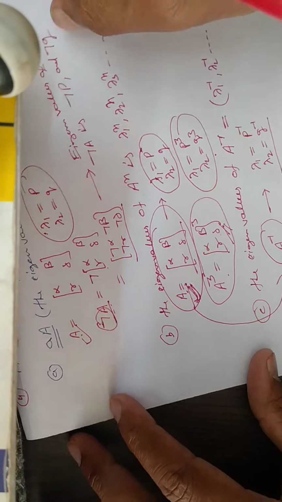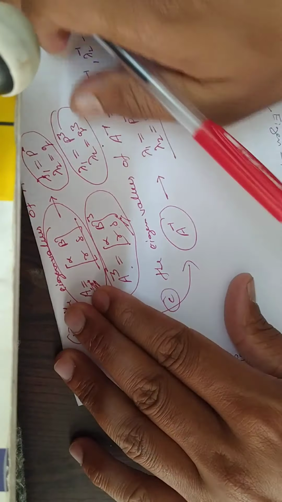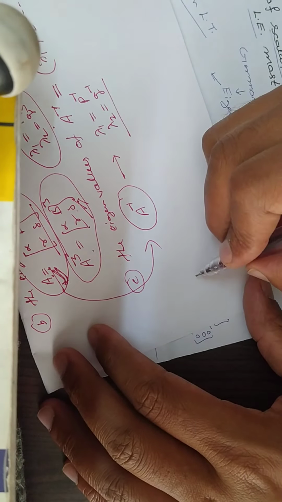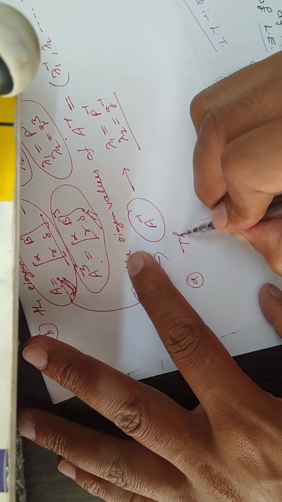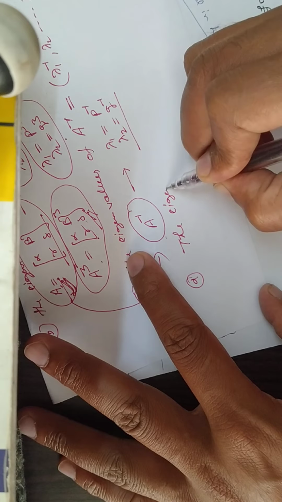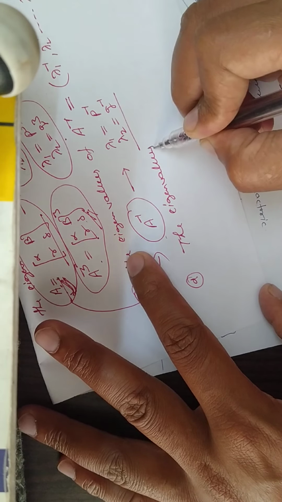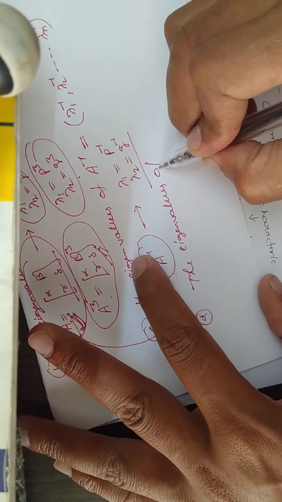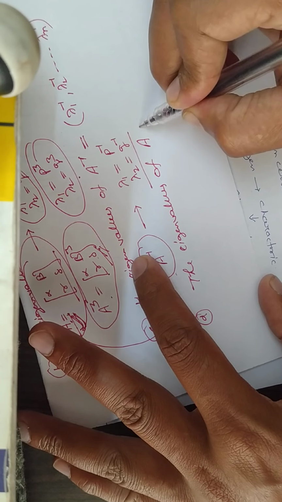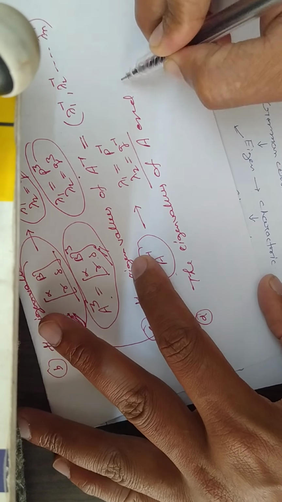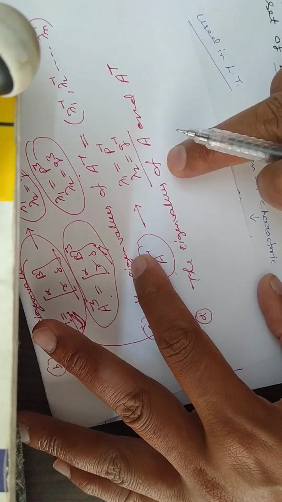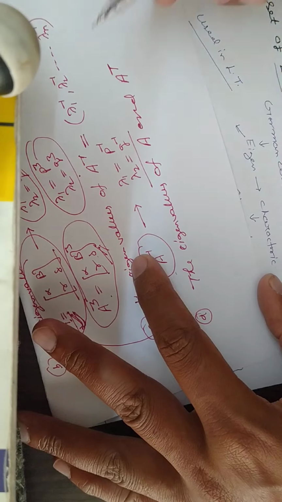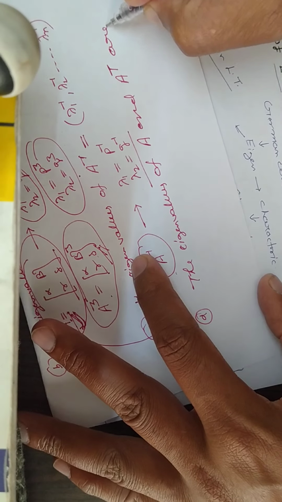It is very easy. Now the last property, it is very important. The eigenvalues of matrix A and A transpose, the transpose of matrix A, are the same.